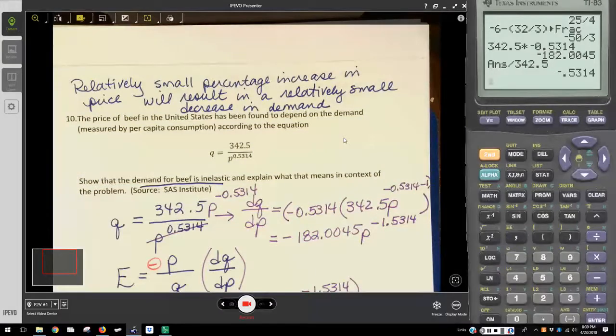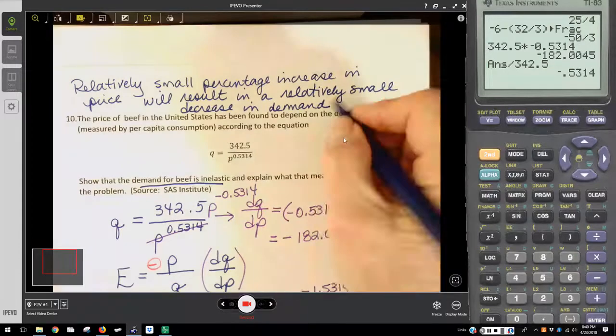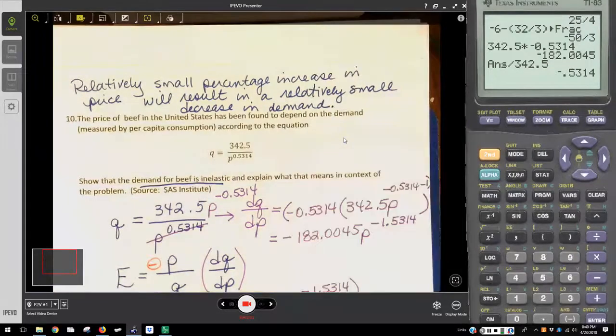And the actual percentage of that decrease is going to be the value of E. But inelastic means that as one increases, the other decreases, but a small percentage increase results in a small percentage decrease, and vice versa.